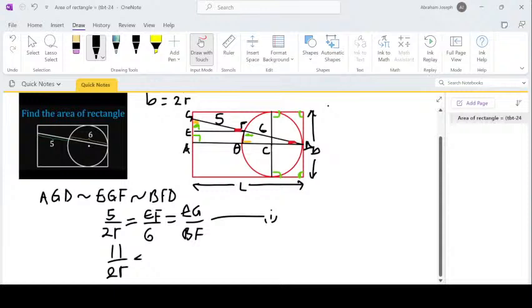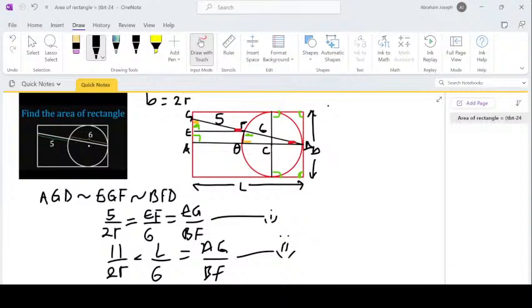The yellow is facing AD, and AD is the whole length, so that's L over 6, where the yellow is facing 6 there, equal to, the red is facing AG over BF. Let's call this equation 2.